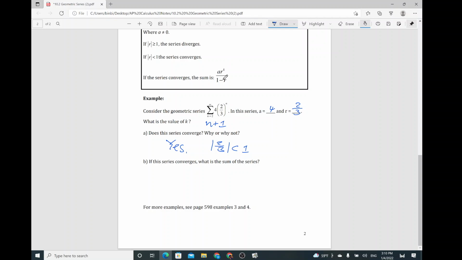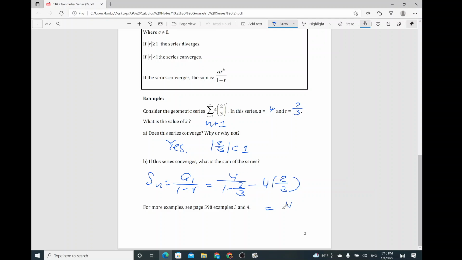Using that formula, we have a sub 1 over 1 minus r, because that is the infinite geometric series. So a sub 1, which is 4, divided by 1 minus 2/3. Now, not only do you need to start with n equals 1, but you need to subtract that a sub 1, because a sub 1 is not part of it. You start with a sub 2. So a sub 1 by the formula is 4 times 2/3.